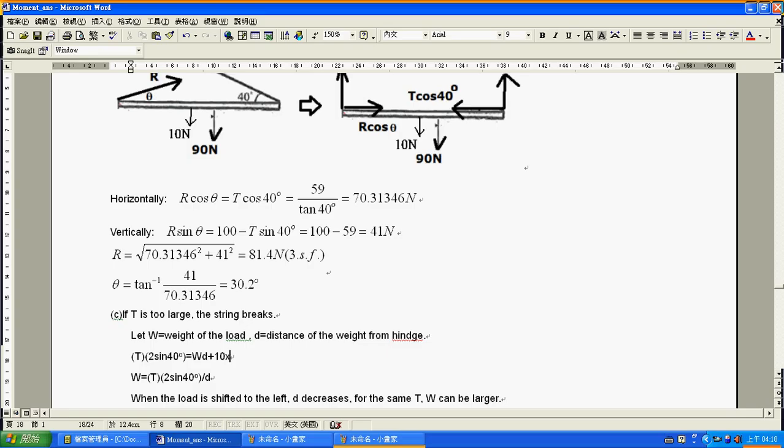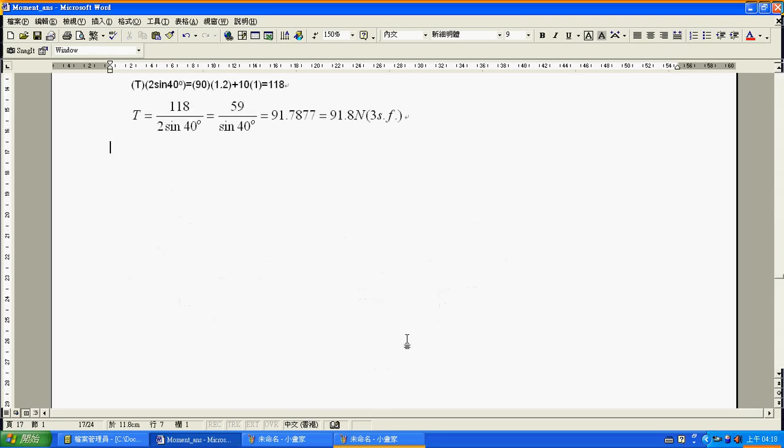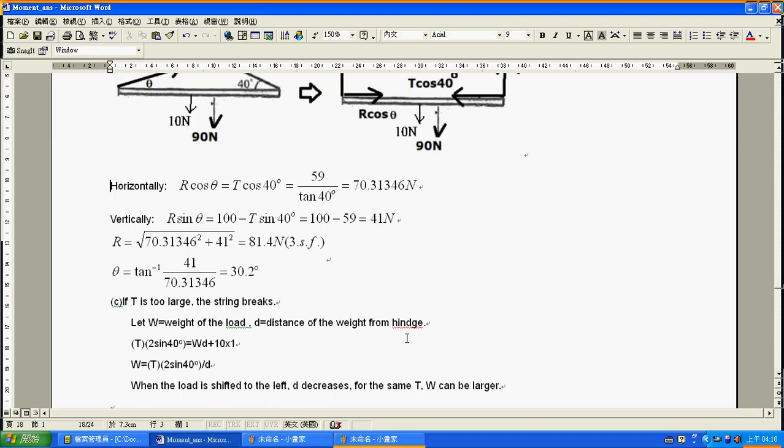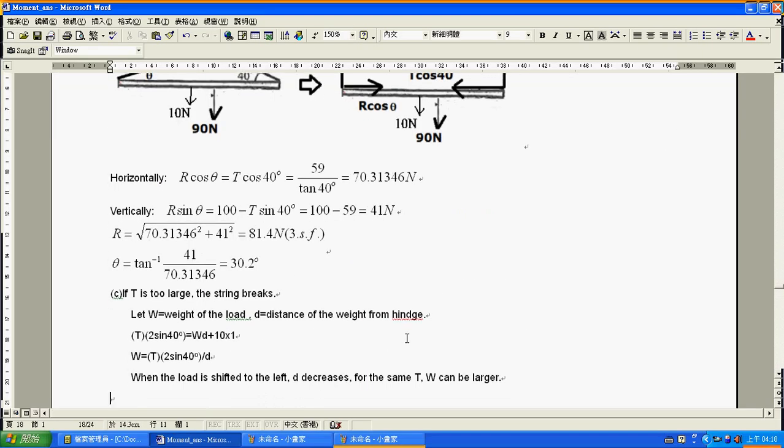Times 1, isn't it? 10 times 1. So the previous argument still holds. So W is equal to this moment minus 10, the whole thing divided by D.